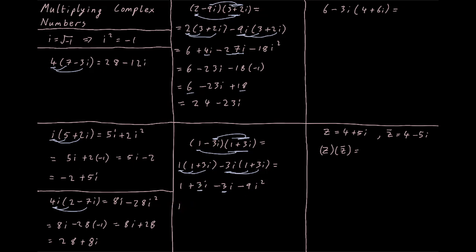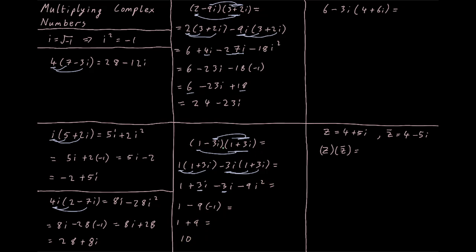So plus 3i minus 3i add up to 0, I'd have 0 i's overall. So I'd have minus 9 times minus 1. So I would end up with 1 plus 9, so I would end up with 10. So I ended up with a purely real number.